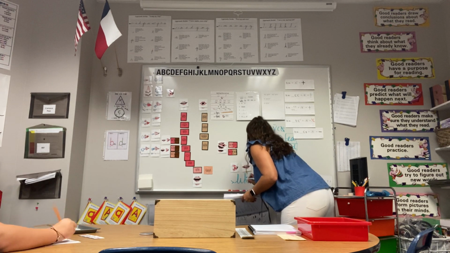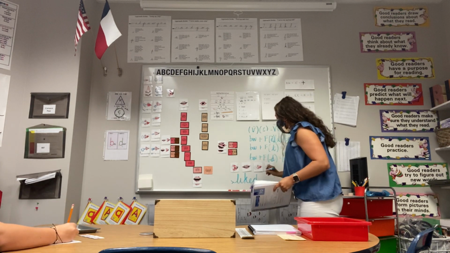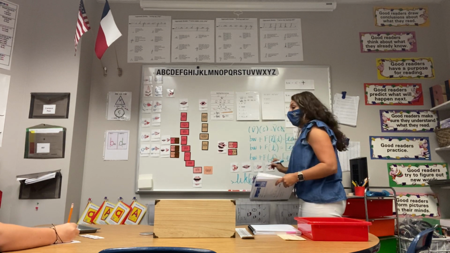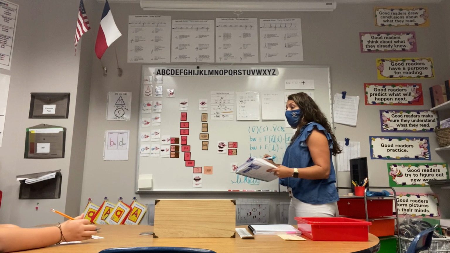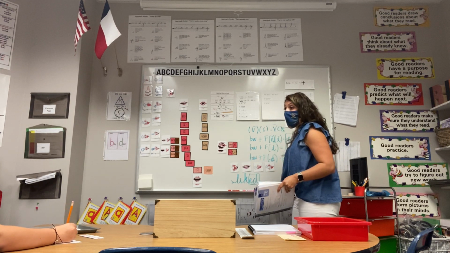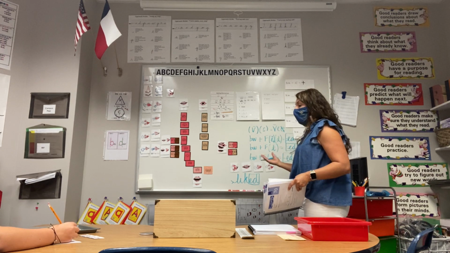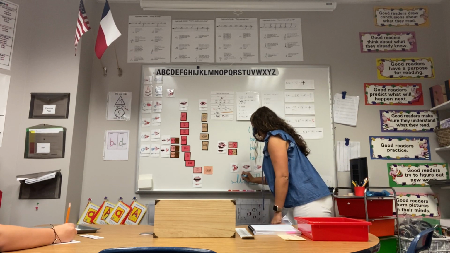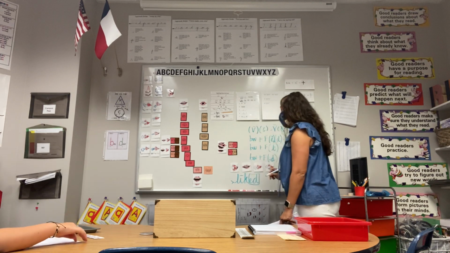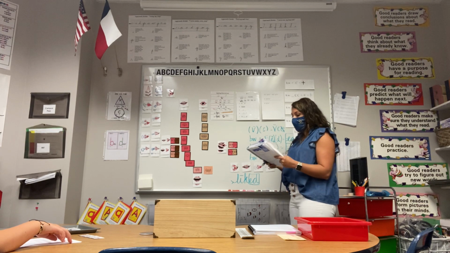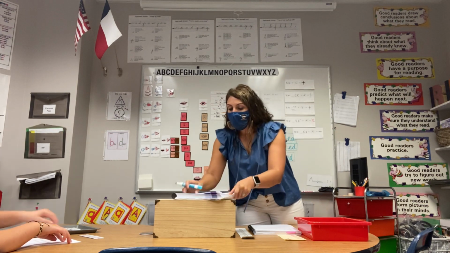L-I-K-E-D. Good. Okay, let's code. We box our vowel suffix and we ask ourselves, how many consonants do you see before the vowel suffix? 1. So we must have used our dropping rule. So we drop the silent E, we code our vowel with a macron. Let's read our words. Liked. Very good.